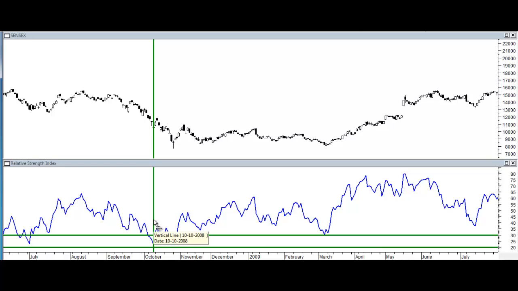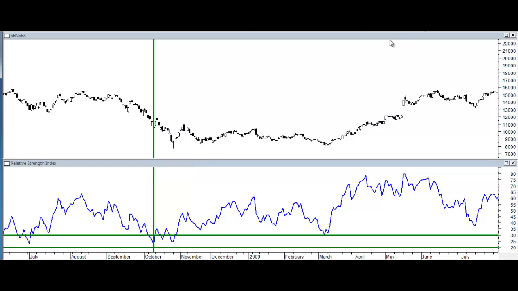Now in this zone, which we can see here, RSI is between this 20-30 zone, and when RSI made a low around 2021, Sensex made a low of only 10,240.